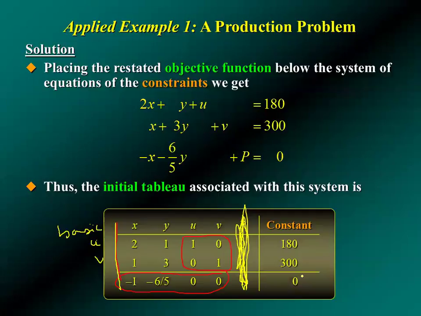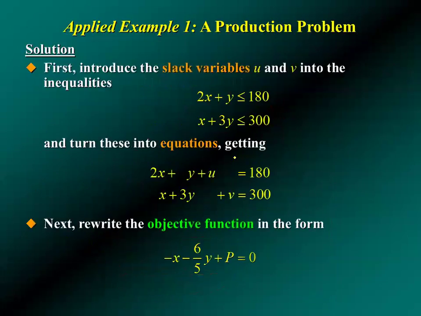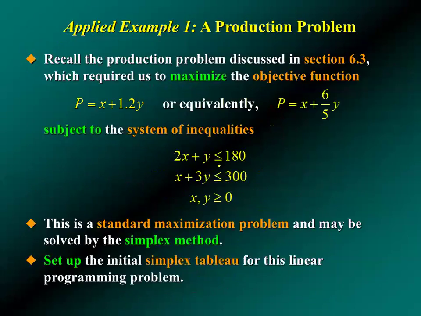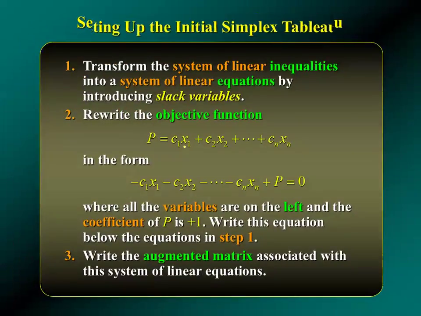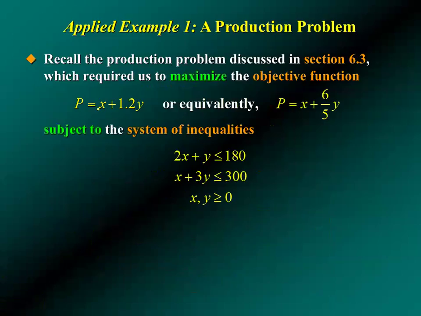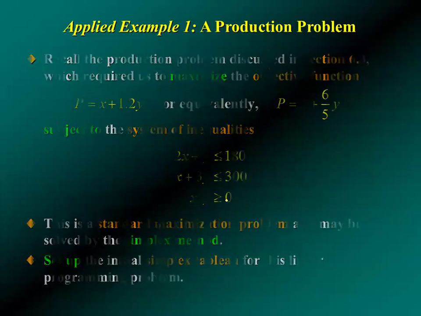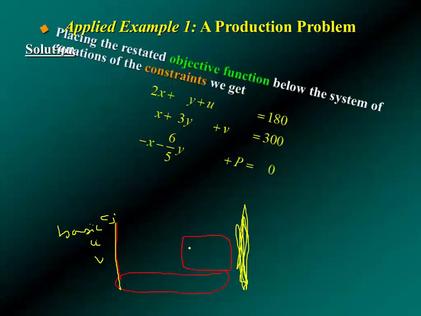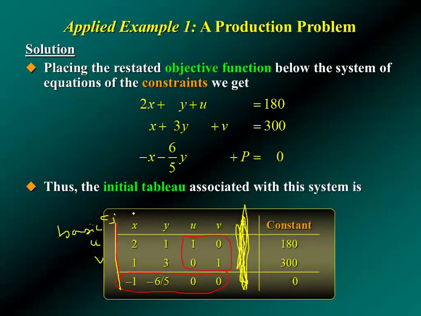Now, to see whether we're optimal or how we can improve this, we're going to calculate these delta j's. We do that by first looking at the objective function coefficients. They are 1 and 1.2: 1 into x and 1.2 into y. So I'll write them here as 1 and 1.2.